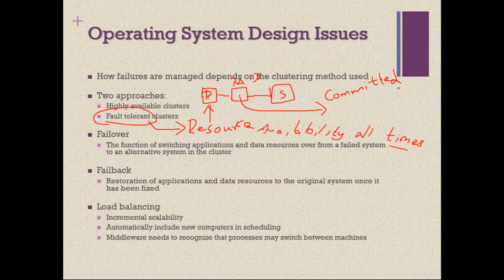It means it is saved. So it maintains two types of transactions: committed transactions and uncommitted transactions. Uncommitted transactions refer to the partially processed requests.